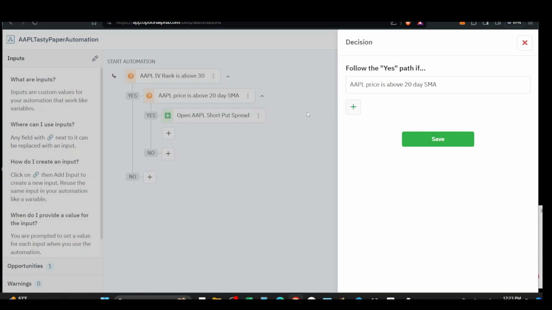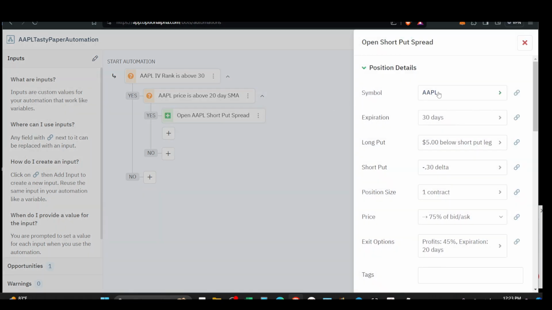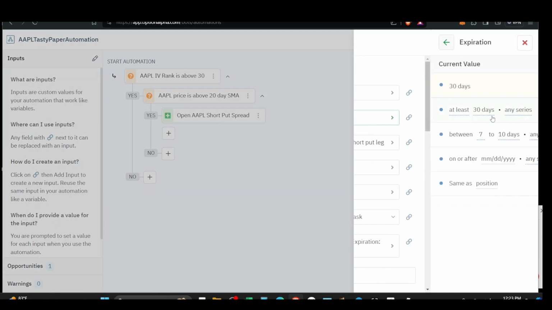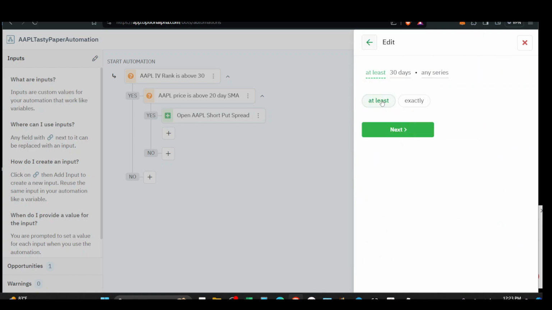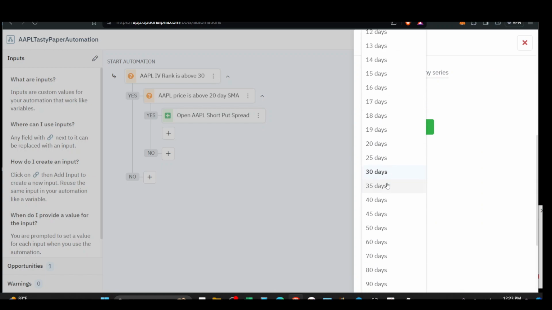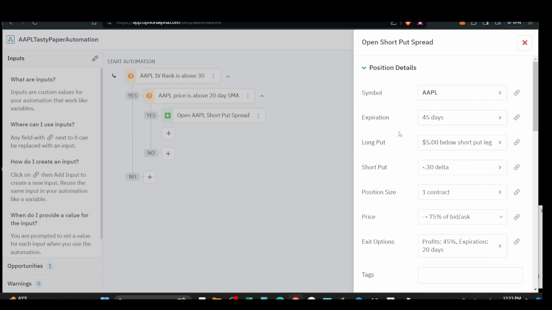So it means that I can set up, let's say, to open a short put spread with an expiration that is at least 45 days, and the long put for Apple maybe $5 below.